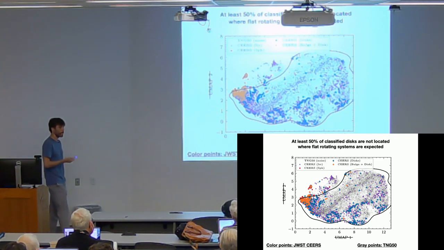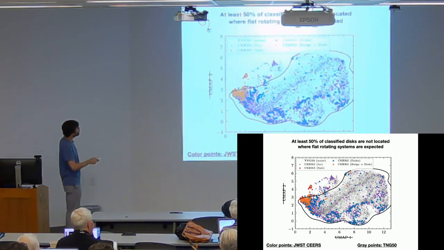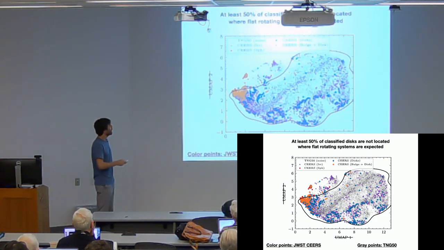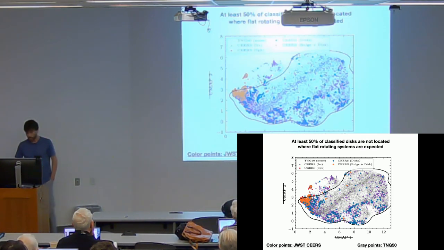They are not rotating, they are compact. But a big fraction of the disks and irregular systems, which are these blue things, also lie in this region over here: low specific angular momentum, not rotating systems. There's a fraction here, but a large fraction over here, at least 50%. So what does that mean? Maybe they are not disks, or there's something else.